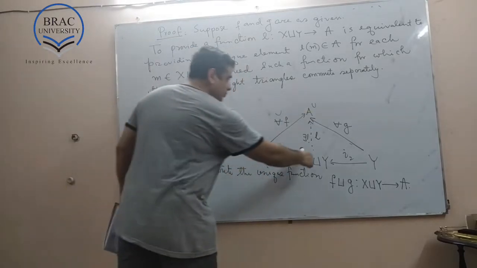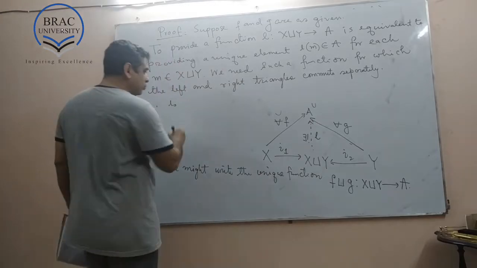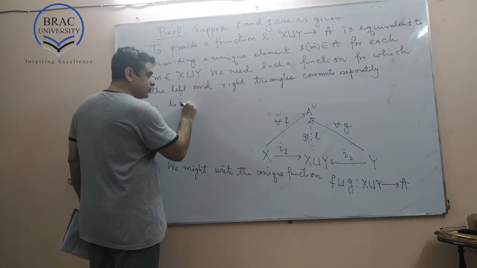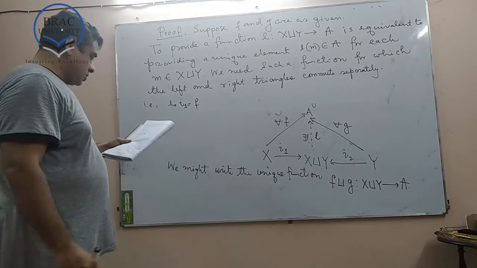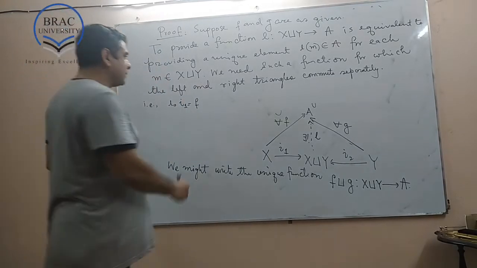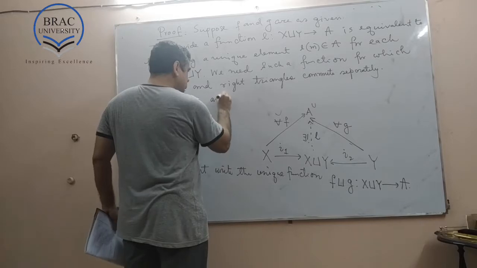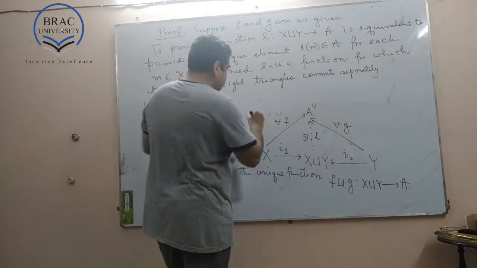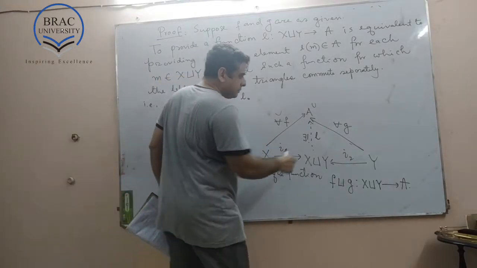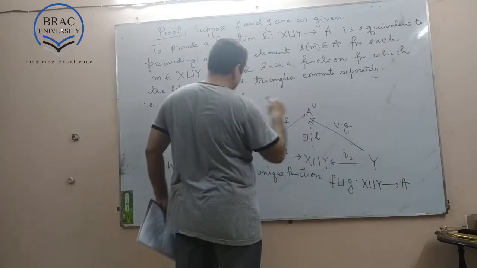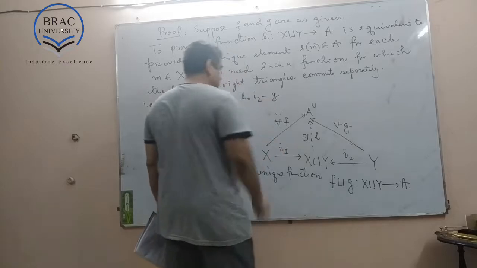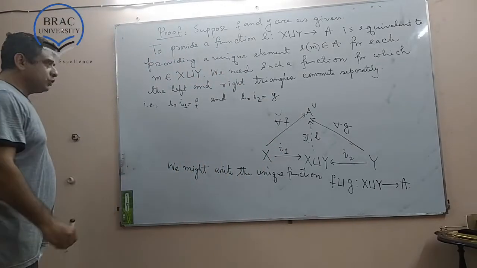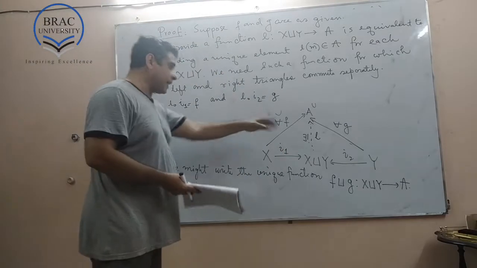This path is L composed with I1, and that must be equal to this path f, and the other one, L composed with I2, is equal to g. They need to be satisfied in order for the diagram to commute.